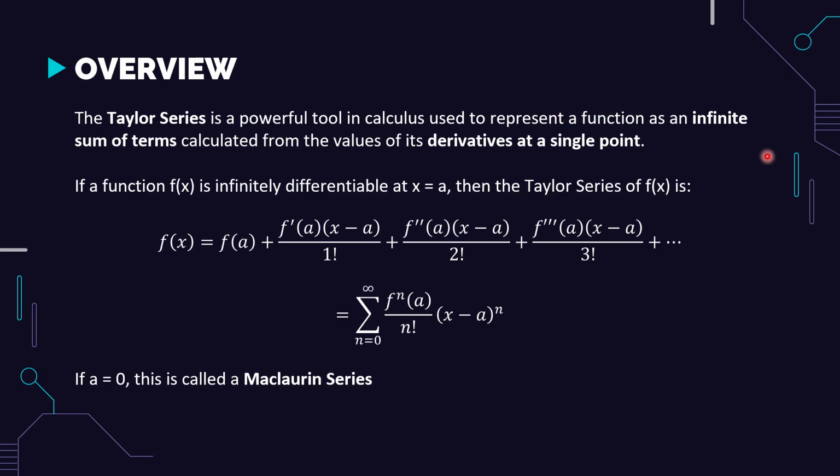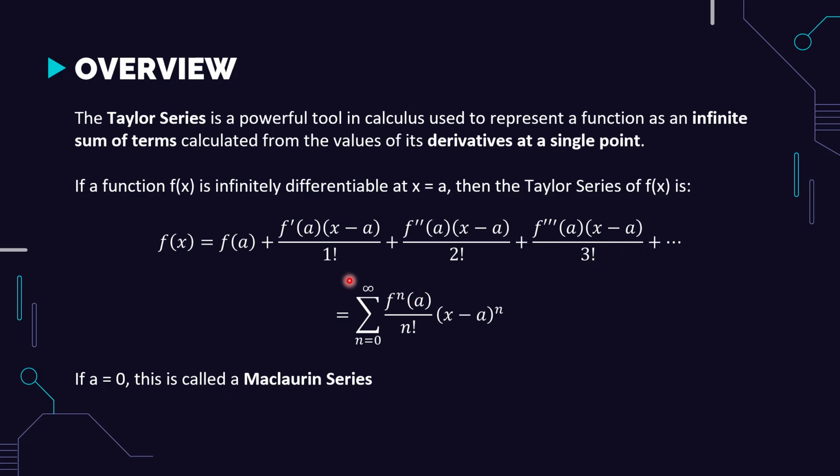So if a function f of x is infinitely differentiable at x equals a, then the Taylor series of this function is f of a plus f prime of a times the quantity x minus a all over 1 factorial, plus f double prime of a times the quantity x minus a squared all over 2 factorial, plus f triple prime of a times the quantity x minus a cubed all over 3 factorial, and so on and so forth.